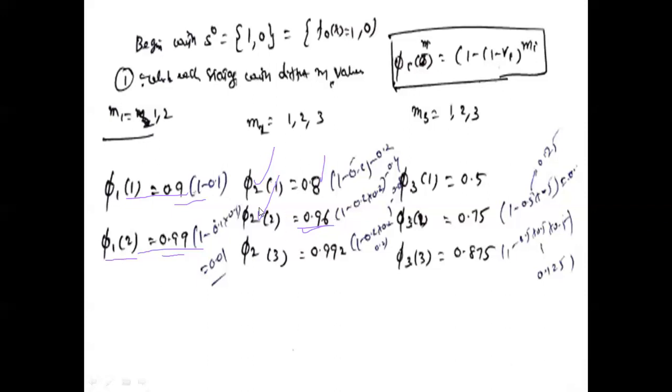So we are calculating the reliability of the second device. Suppose the reliability of the second device with three devices is 0.992.